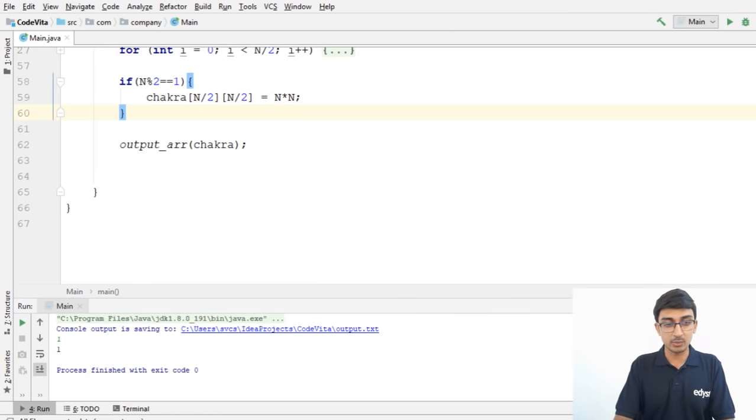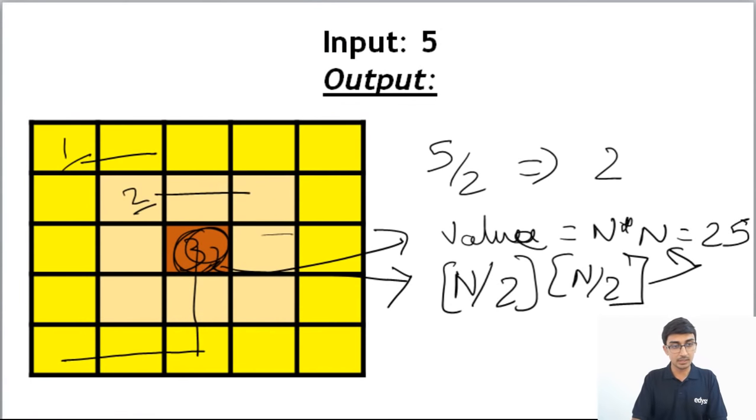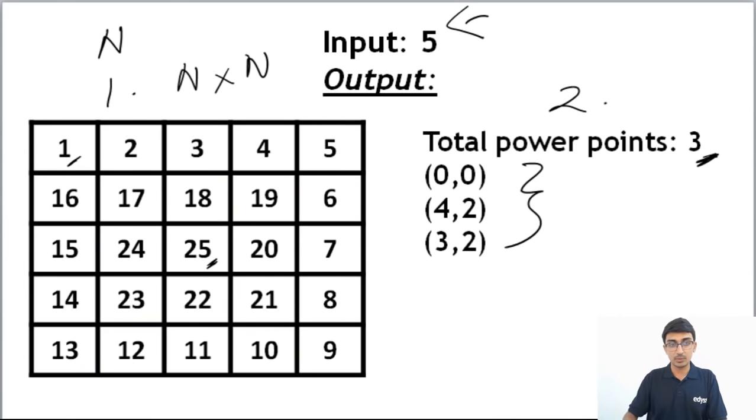As per the question, given the input over here, we have to print the total power points. Your 1 is your default PowerPoint, but we also have to take 11 and 22 as PowerPoints, because they are multiples of 11.